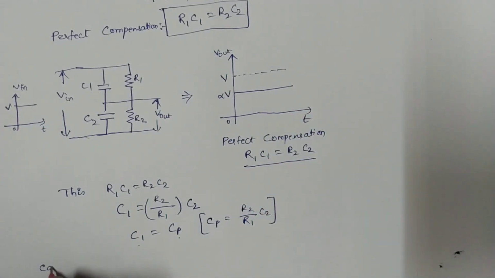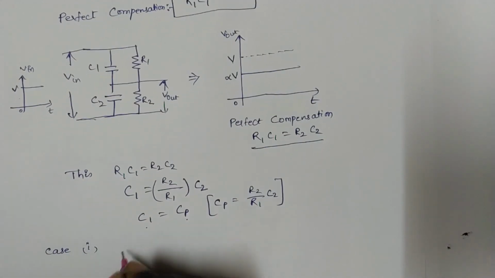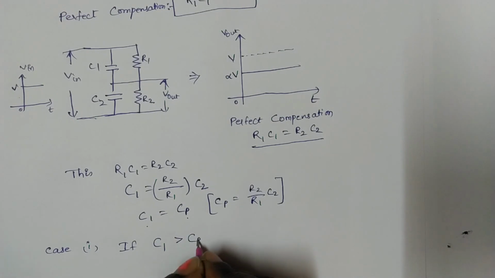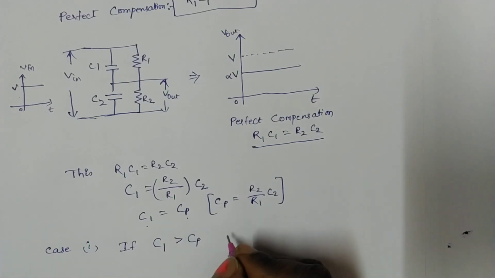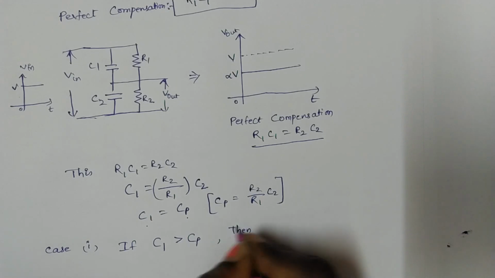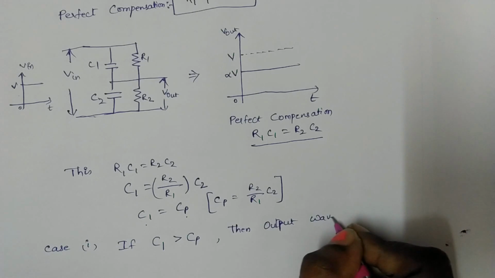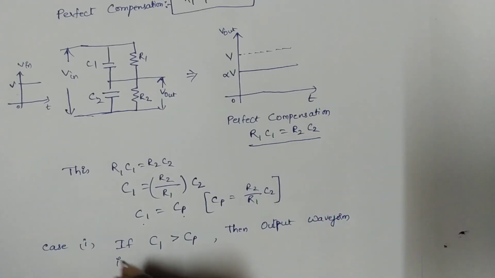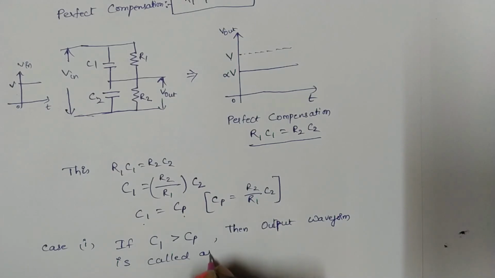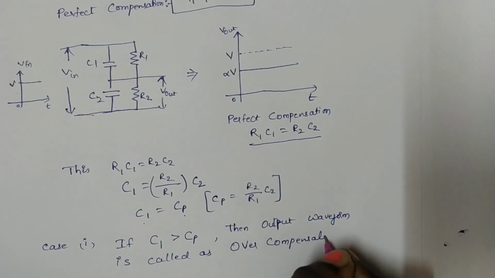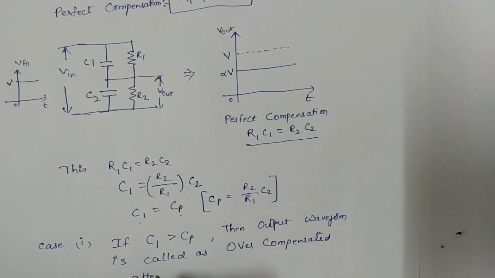Suppose in case 1, if C1 is greater than Cp, then the output waveform is called an overcompensated attenuator. Okay, it is called an overcompensated attenuator.